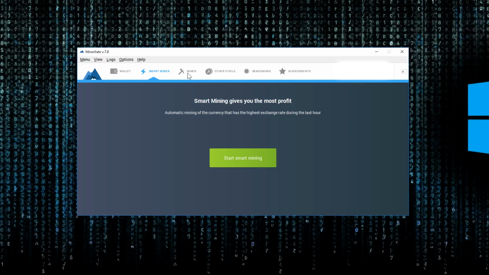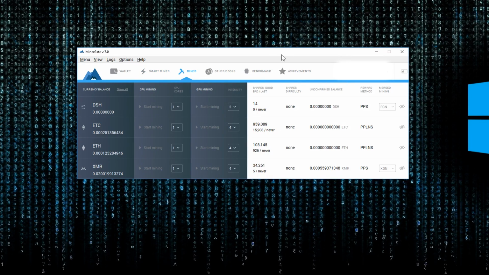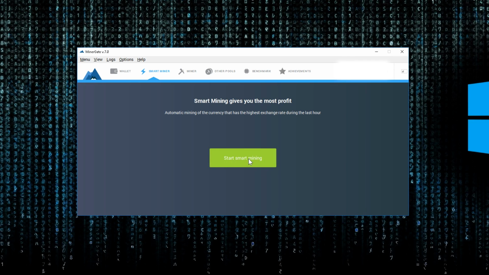You wanna think for yourself and mine what you think is right at the moment. This smart mining thinks that it's gonna be the best, but this is just based on algorithms about which currency has the highest exchange rate, etc. This doesn't mean much in the long term.